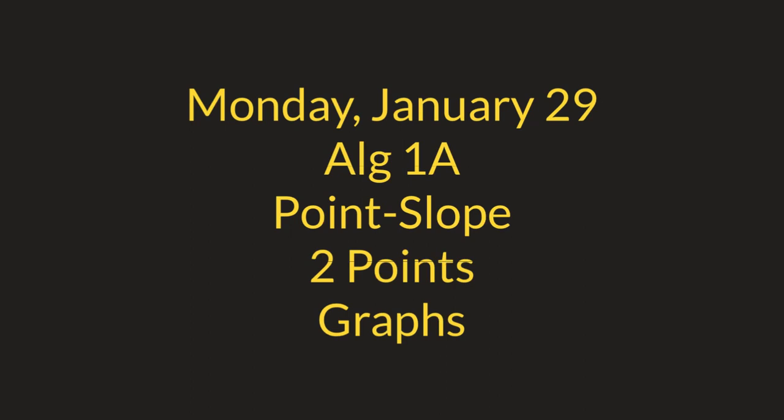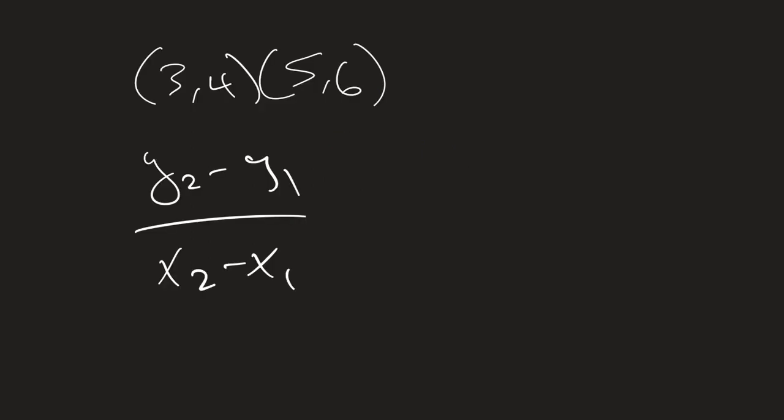All right. As we continue with this theme of writing equations of lines, we're still going to be using point-slope form. One thing you'll notice that's a little different today is they are not going to give you the slope.